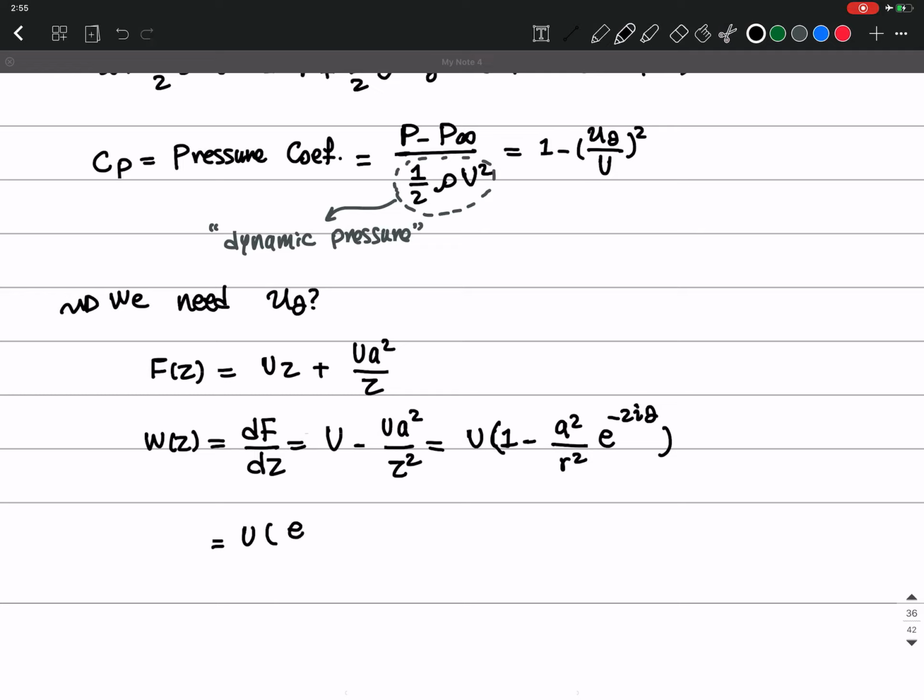The first term is e to the i theta times e to the minus i theta, which is just 1. The second is a squared over r squared e to the minus i theta. Then I can factor out e to the minus i theta from both.